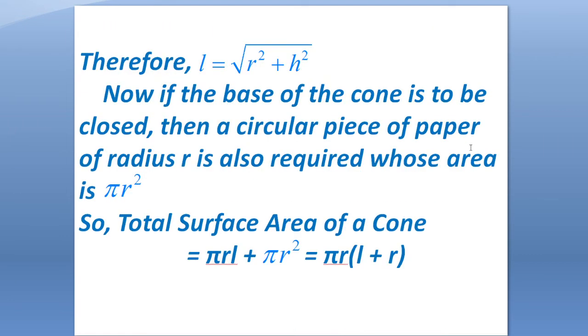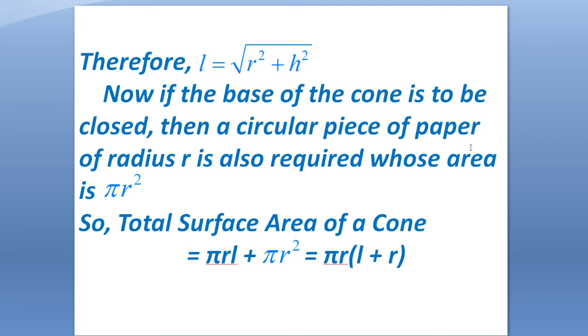Therefore L is equal to under root r square plus h square. Now if the base of the cone is to be closed, then a circular piece of paper of radius r is also required, whose area is pi r square.